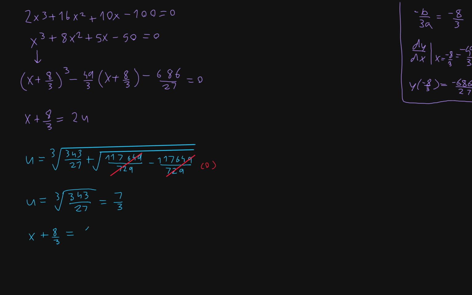That's 14 over 3. x is going to be equal to 14 over 3 minus 8 over 3. Then we're going to get 14 minus 8, that's going to be 6 over 3. That's just going to be equal to 2. I'll put x1 here. So this is our single real solution.